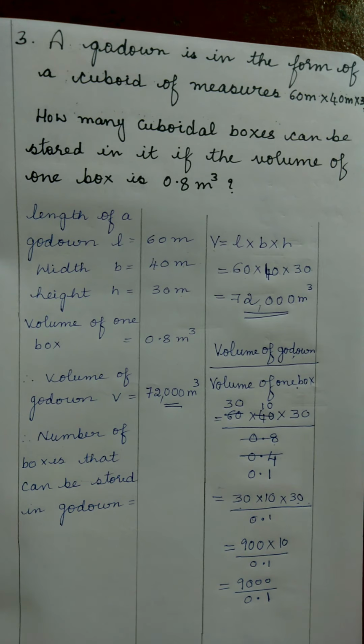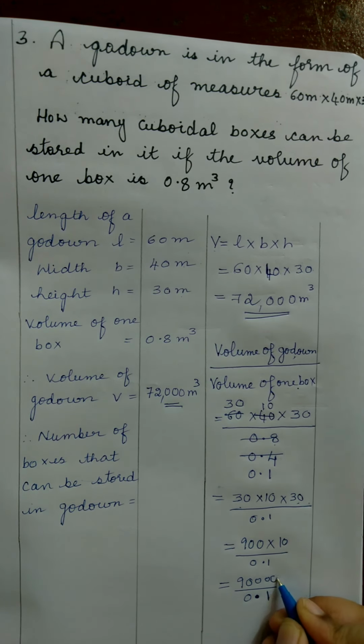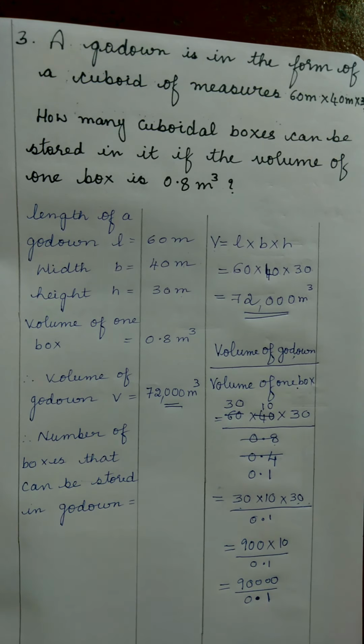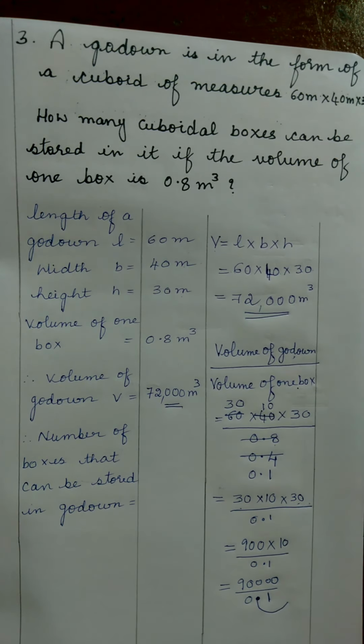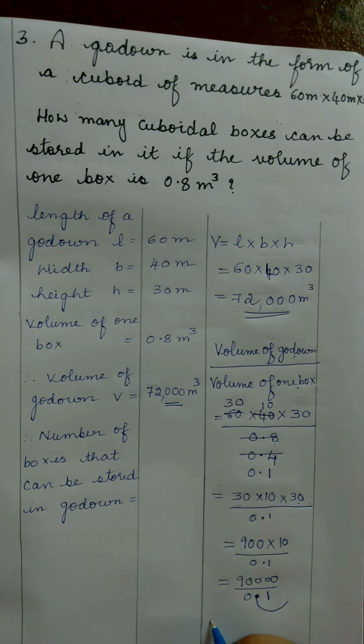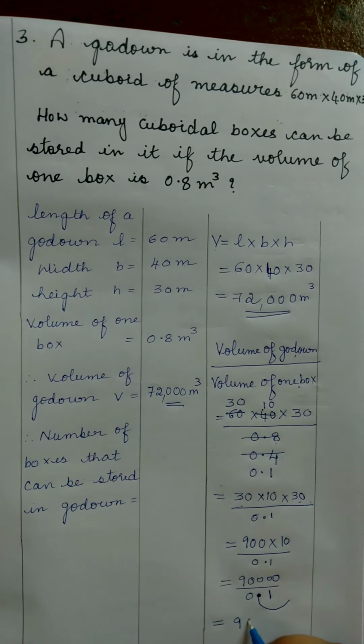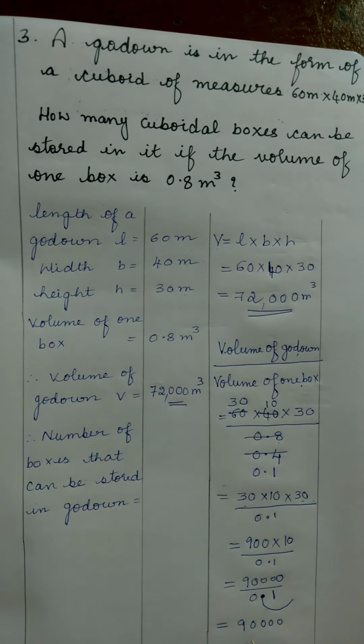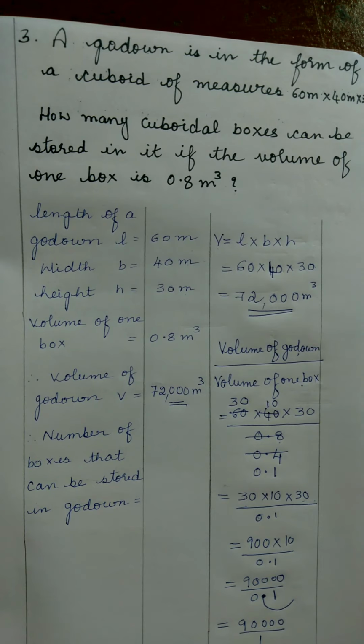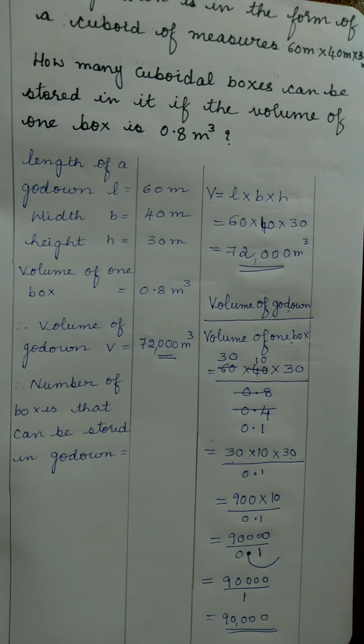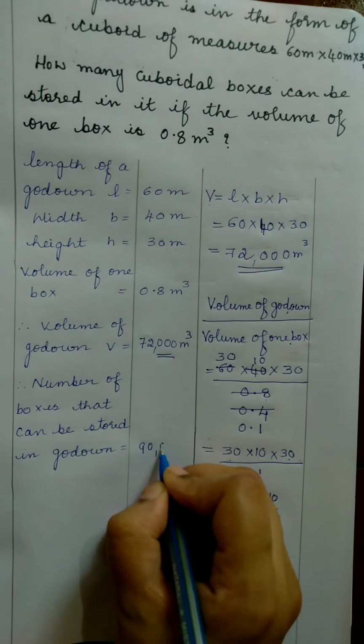So, in order to remove the decimal point in the denominator, put one 0 in the numerator. Therefore, it will be equal to 90,000 divided by 1, that is 90,000, and hence the number of boxes that can be stored in the godown will be equal to 90,000.